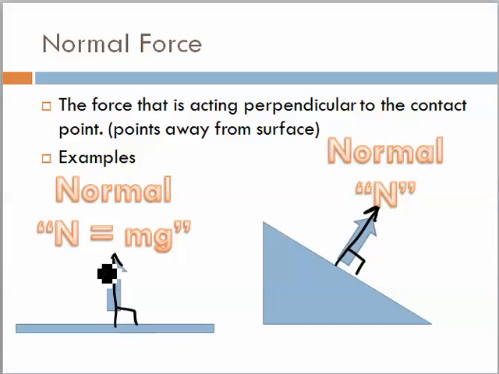So the object's weight would be 100 newtons pushing down, but the normal would be 100 newtons pushing up. The normal is always going to act perpendicular, opposite, and equal in magnitude. That normal acts differently when on a slanted surface. We'll talk about that more in just a very short bit.